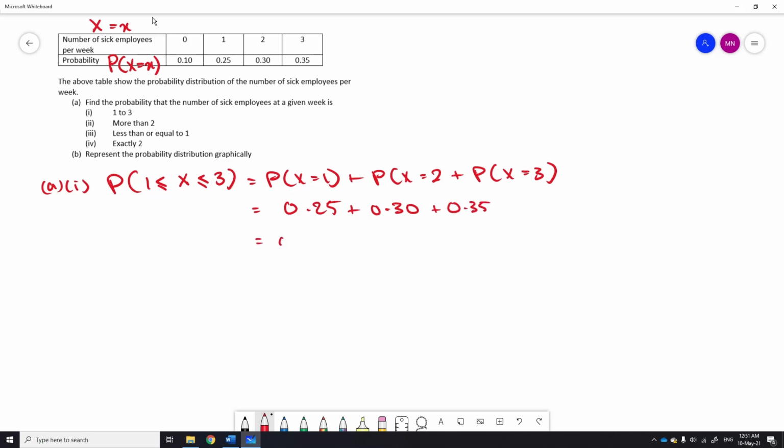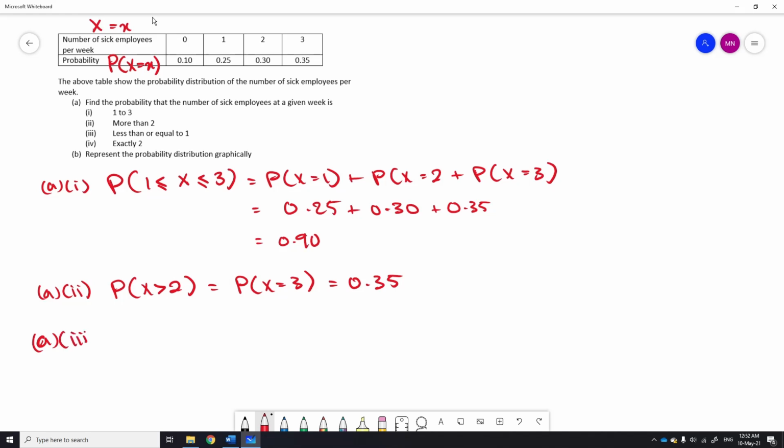Then we have the answer as 0.90. For question A2, more than 2, so it means probability of x bigger than 2. When x is bigger than 2, it only means probability of x equal to 3. That is just 0.35.